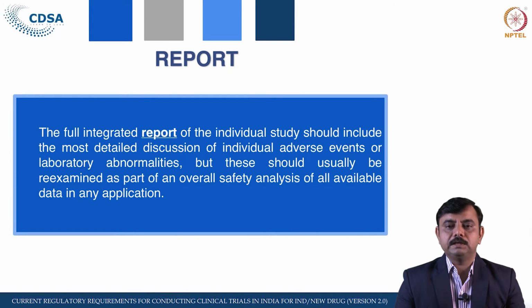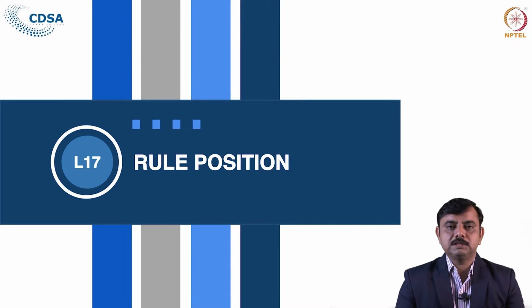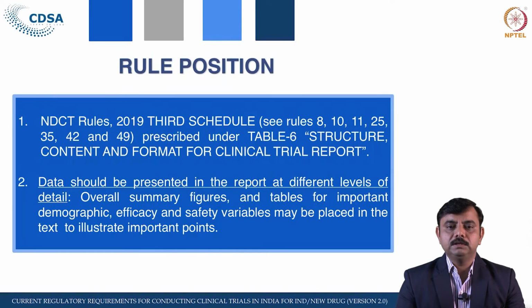The full integrated report of the individual study should include the most detailed discussion of individual adverse events or laboratory abnormalities, but these should usually be re-examined as part of an overall safety analysis of all available data in any application. Let us see where this is given in the New Drug and Clinical Trial Rules 2019.